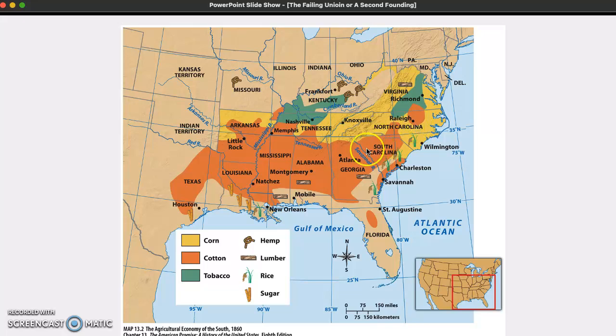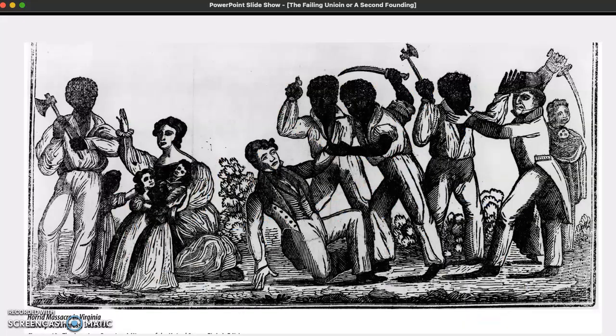And wherever you see significant production, especially in the context of cotton, you actually will find that there are significant numbers of enslaved people there. And of course, thinking about the previous slide, you can definitely see how that works.